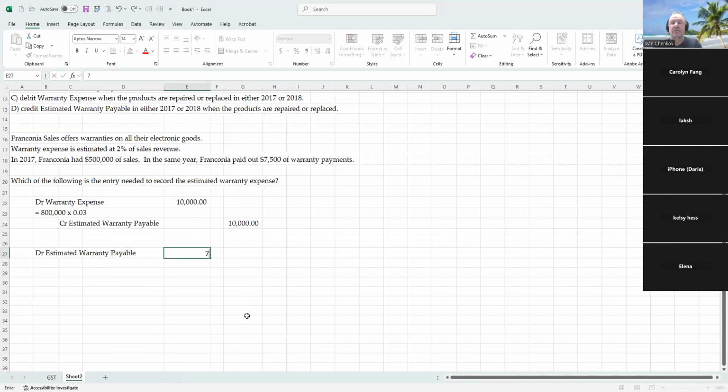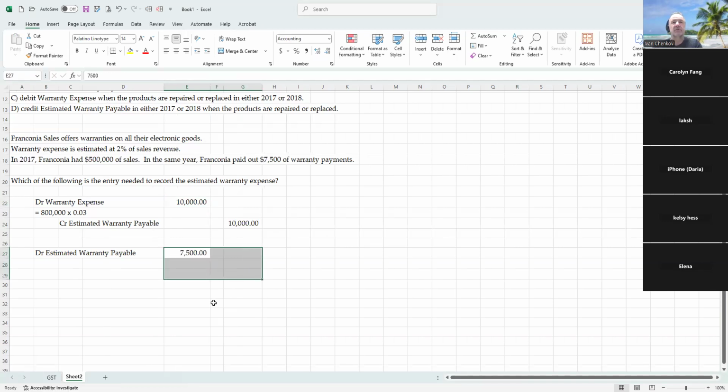Now the question is which account am I gonna credit? And since I'm paying them, credit will be cash for the same amount.